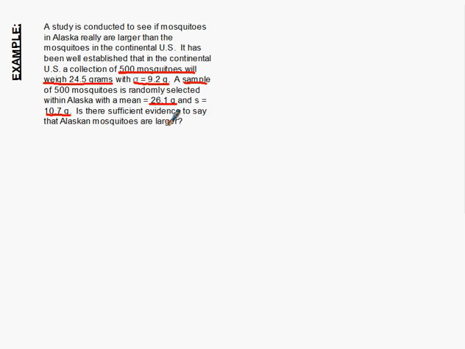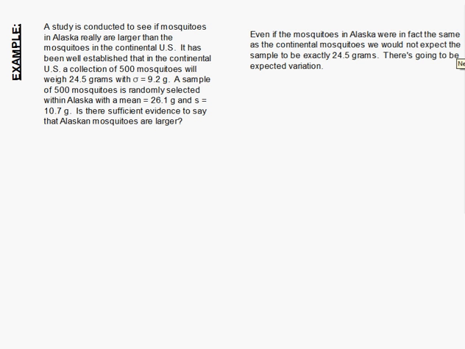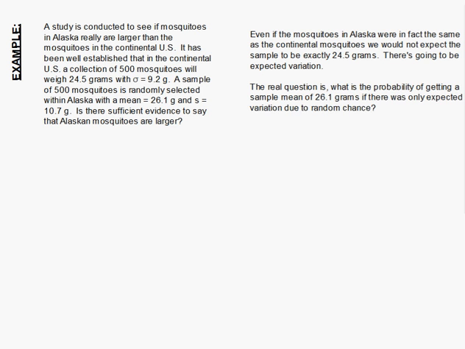Was there sufficient evidence to tell us that the coins were unfair? So, because even if the Alaskan mosquitoes weren't bigger, there's a chance that one particular sample would be heavier anyway. And that's what this pretty much says, right? It's just due to random chance.